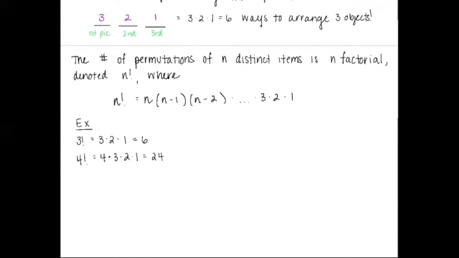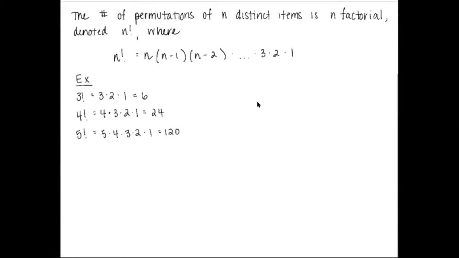So that one is 24. 5 factorial, 5 times 4 times 3 times 2 times 1. Keep going till you end at 1, which is 120. So your calculator should have one of these buttons. Depending on the type you have, it might be under something called probability, like it says PRB on it, but you should see an exclamation point on there.